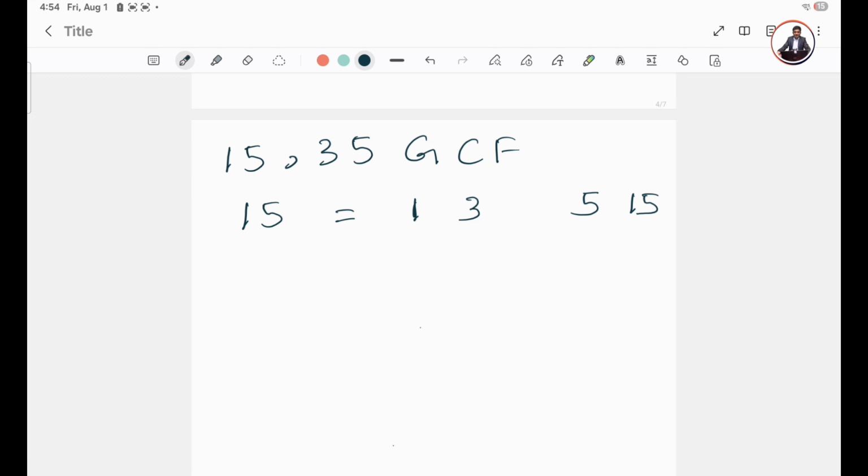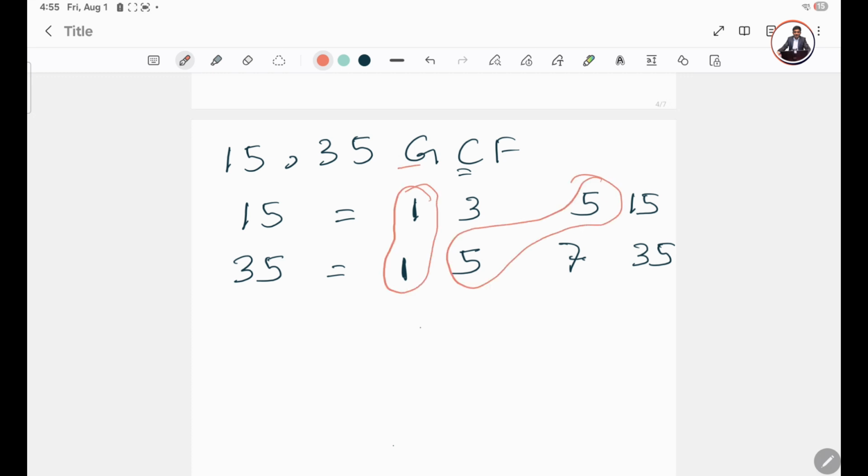No. Then go to the next one, 35: 1 times 35 is 35, and 5 times 7 is 35. We don't have any other factors. Then we need to find the common factors of both values. 1 is common and 5 is common, but we're looking for the greatest common factor, which is 5. I hope you understood this method properly.